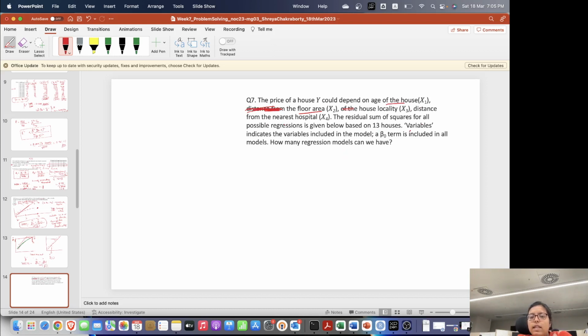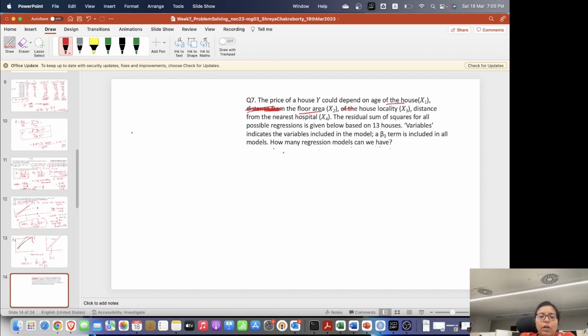So the first thing is how many regression models can we have if it is given that a beta naught term is included in all the models. There is a table which will come soon. The residual sum of squares for all possible regressions is given below based on 13 houses. So the first question that I want to know is how many regression models can we have.